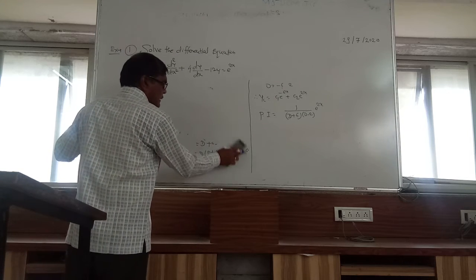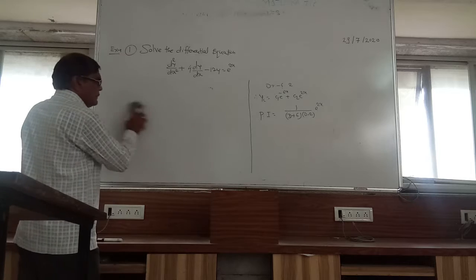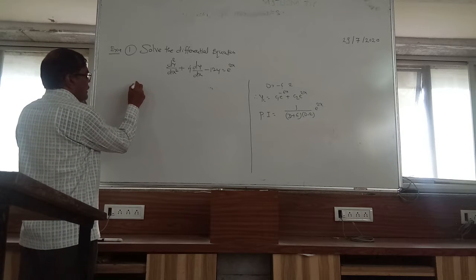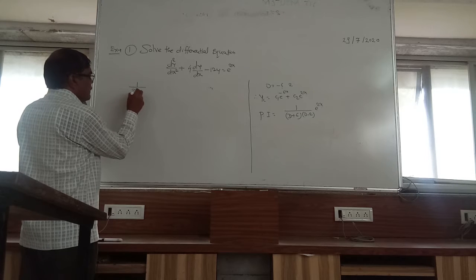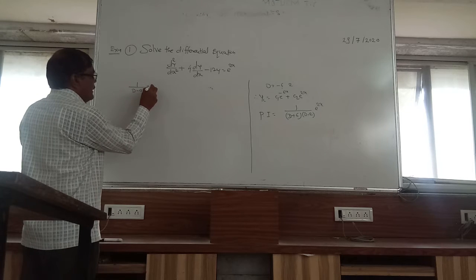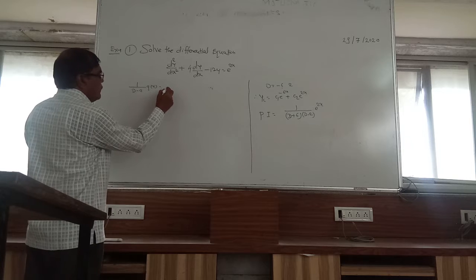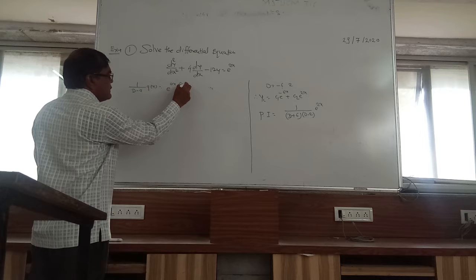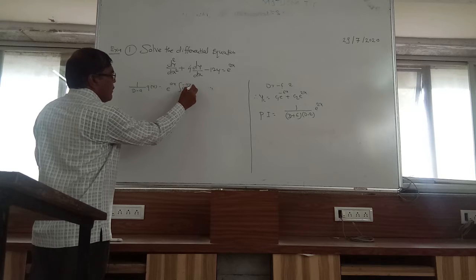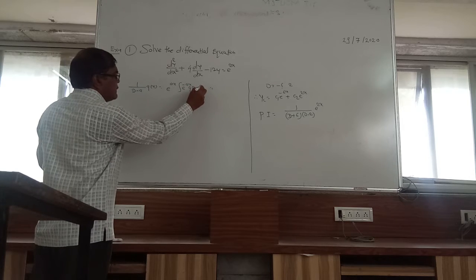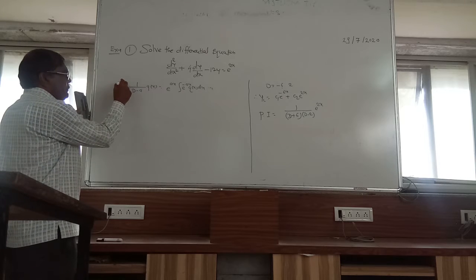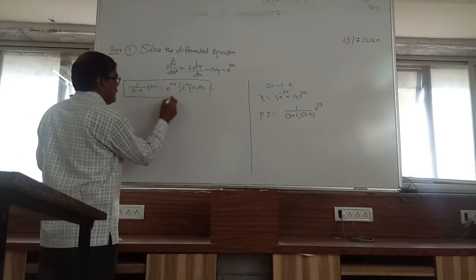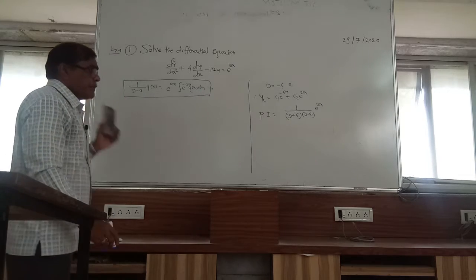Here is the effect of the operator 1 upon D minus a on Q of x: it is e raised to ax times the integration of e raised to minus ax Q of x dx. We can use this directly on these factors.